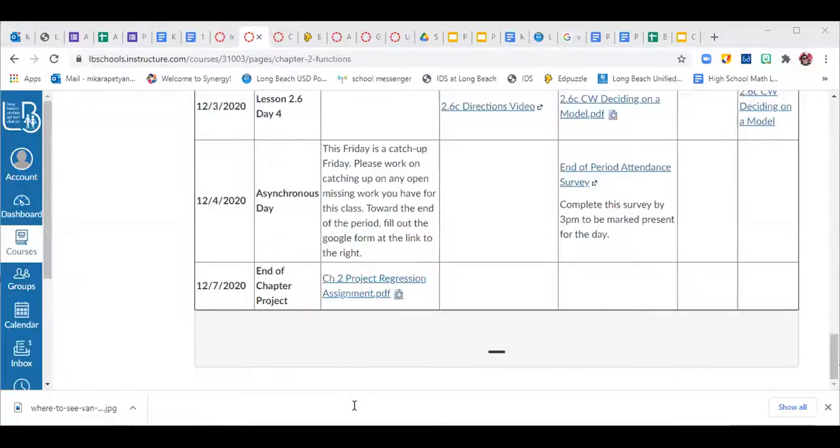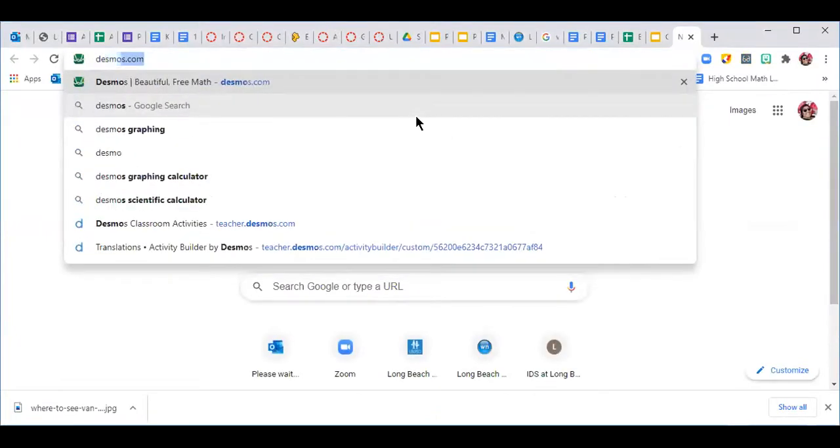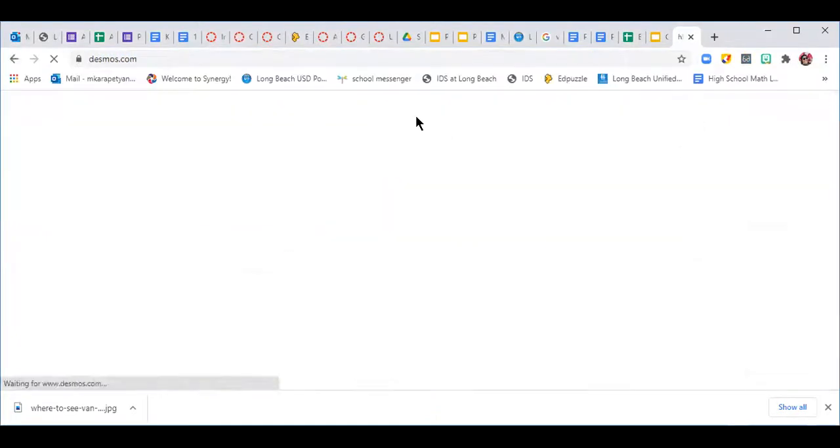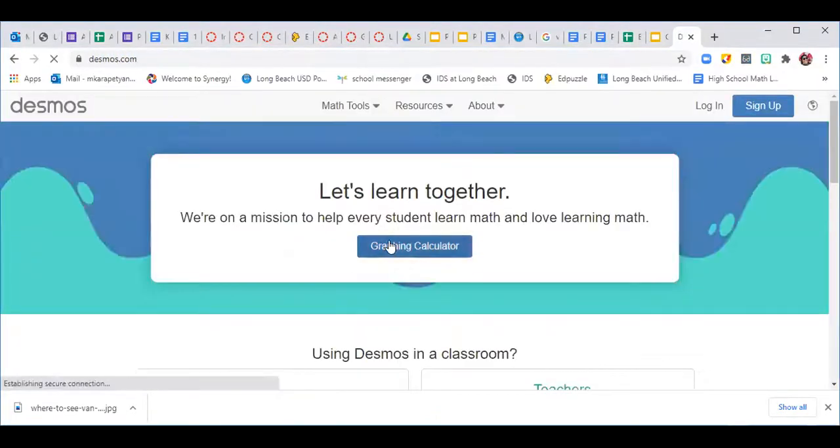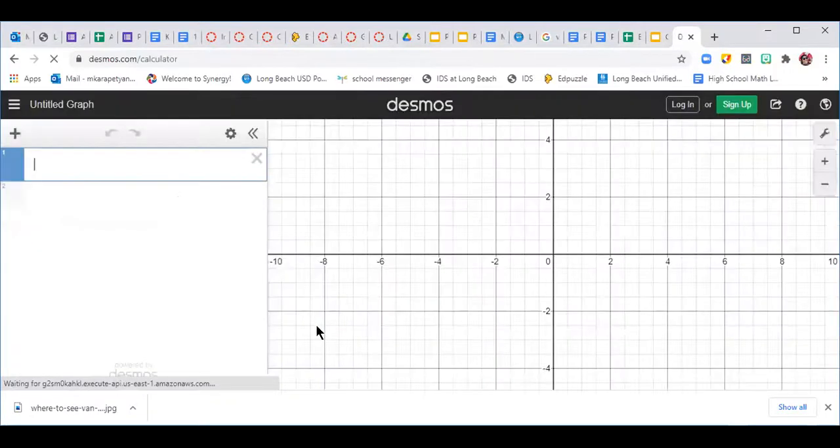So for example, let me go to Chrome real quick. If I were to use Desmos, how do you put points on a Desmos graph? Well, you literally just put your points. So 2, comma, I'm just going to put in my data.